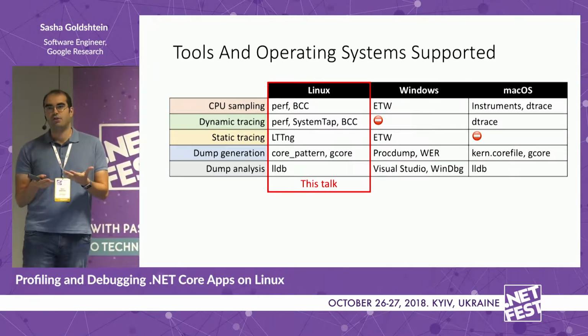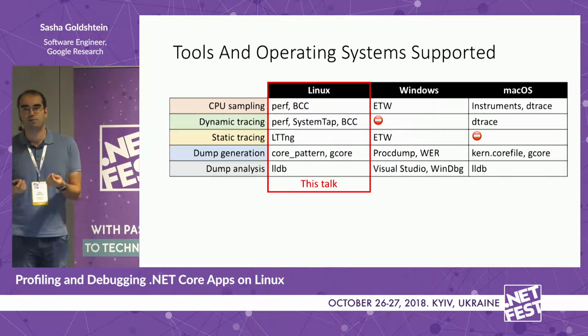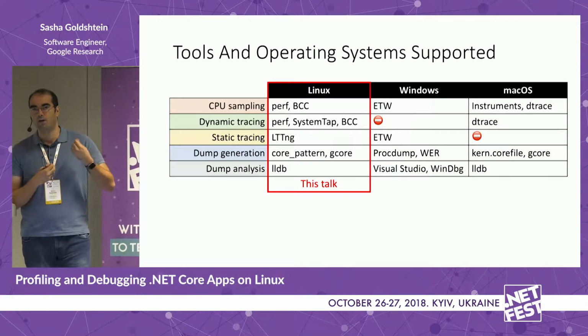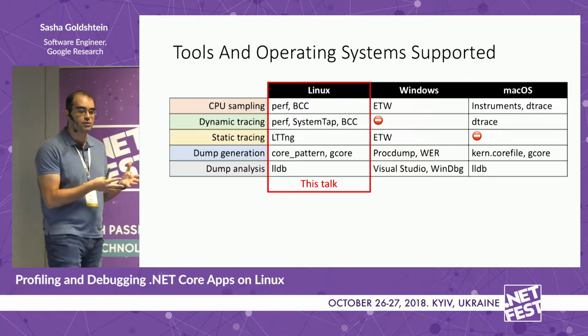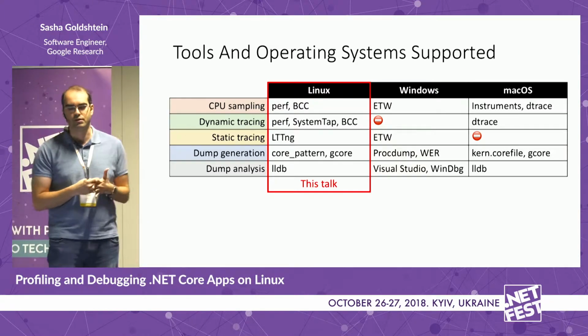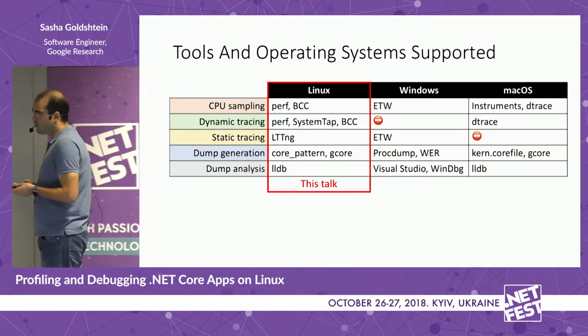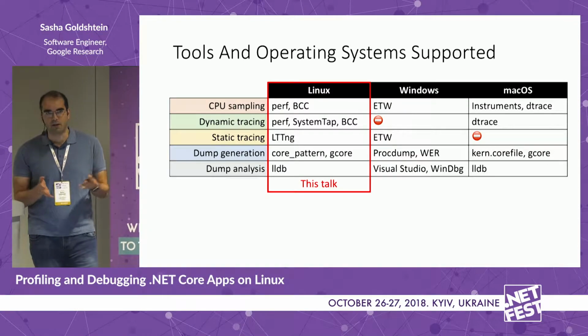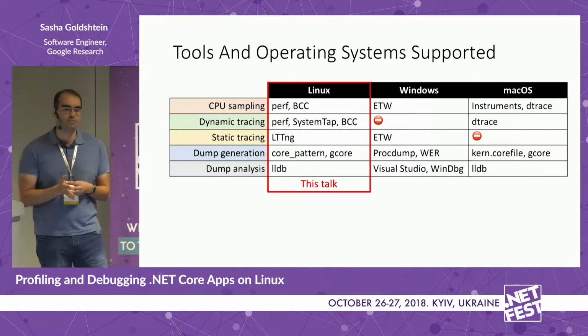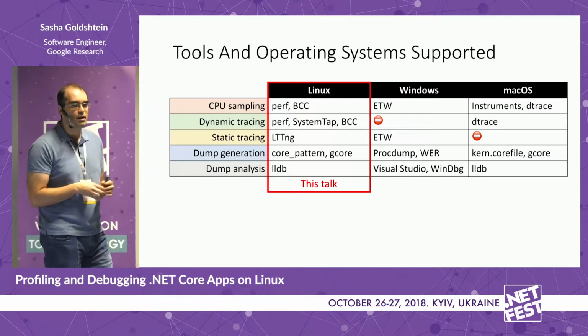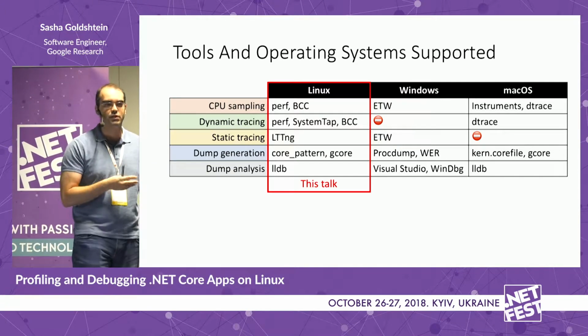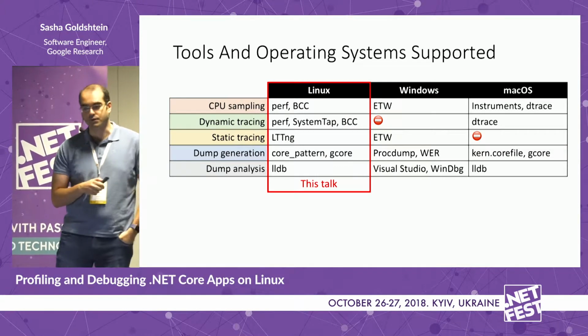So without changing the code, without adding log statements, being able to understand what the application is doing in production without having to stop it, redeploy it, and so on. We also want to talk about core dumps and how to analyze them. So what to do if the application crashes in production or has a memory leak in production, and what we can do to analyze that sort of situation.